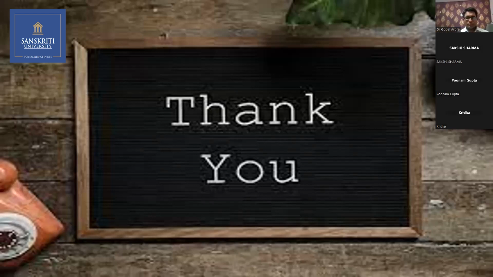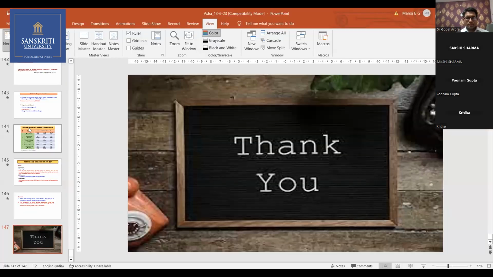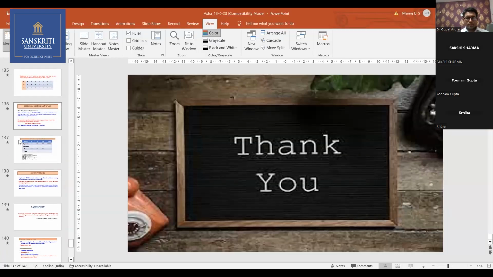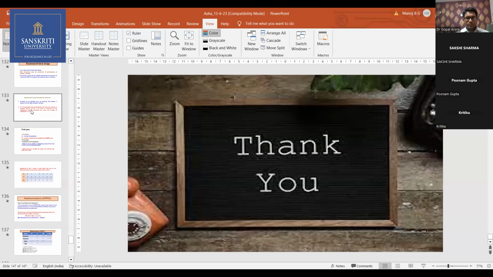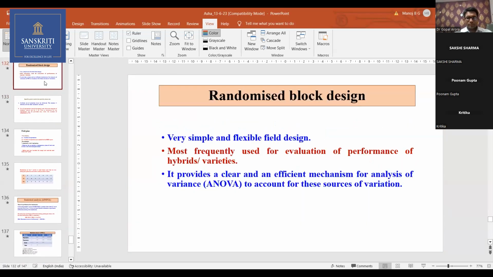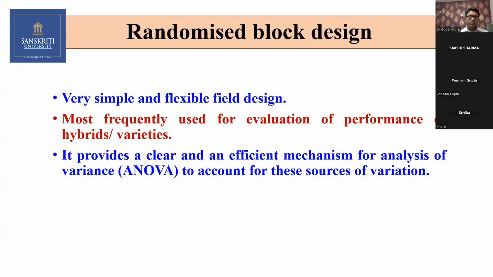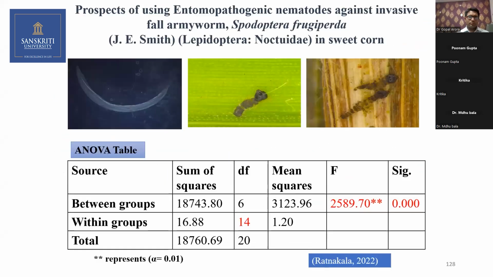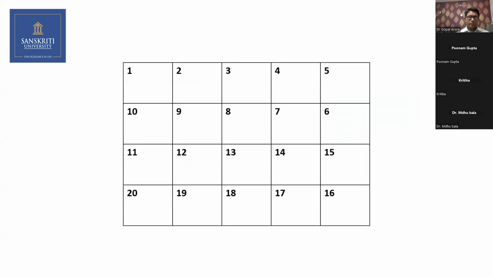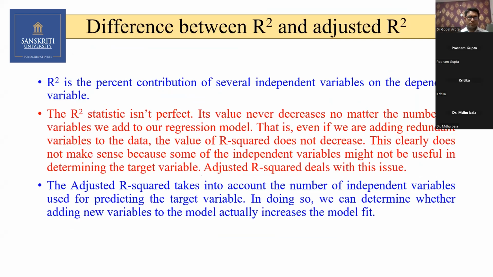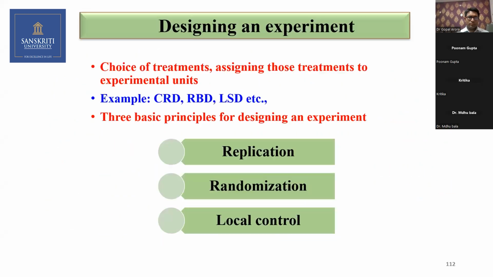Ma'am, in CRD, the completely randomized design, you said that pot culture we can use because homogeneity is maintained there. Yes. So in pot, anywhere we can place the pot? You don't go and keep it under the sun, no? Usually it is under your control, no?